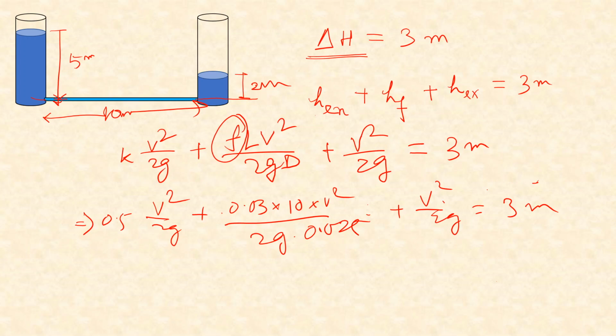Here the only unknown remaining is now V in all these equations. g we already know, it is 9.8, and from this you can find out whatever is the value of V.